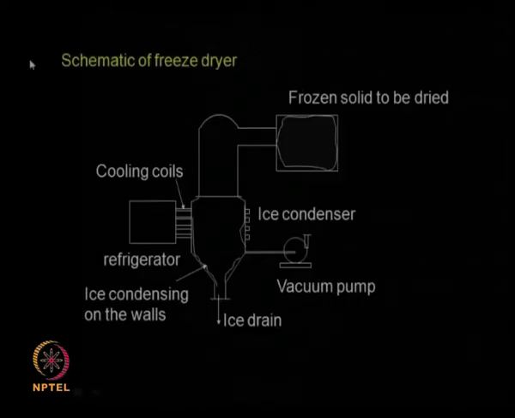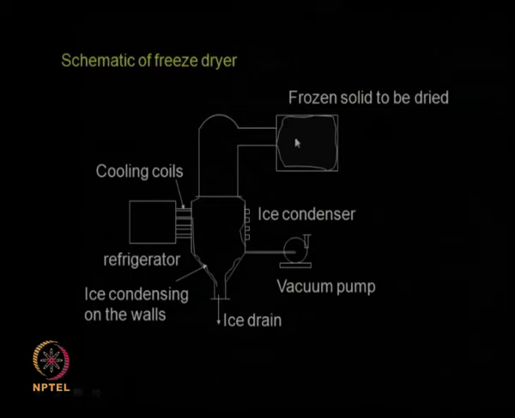So let us look at a schematic of a freeze dryer, how it looks. This is a large scale industrial freeze dryer. We have a frozen solid in a big container that needs to be dried. The solid is frozen, ice is formed, that is, water has become ice. Then you have a refrigeration system here, and a vacuum pump here.